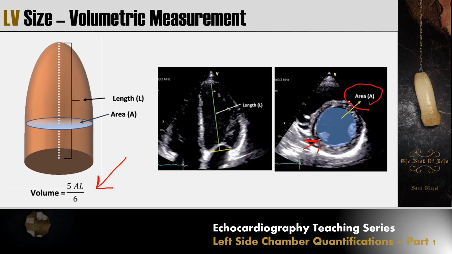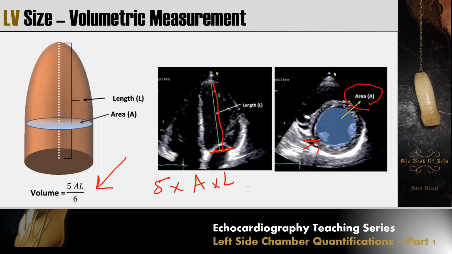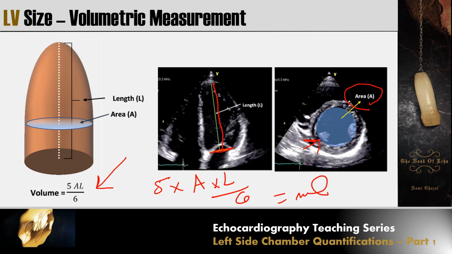Then we measure the length of the LV from the annulus of the mitral valve going all the way to the apex, excluding all trabeculation, and we calculate the volume. Volume is 5 times area times length divided by 6, and it will come in ml.